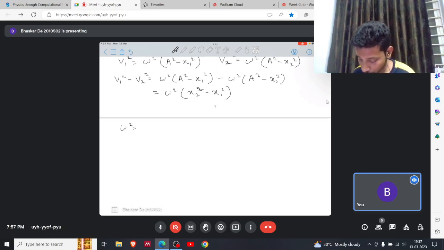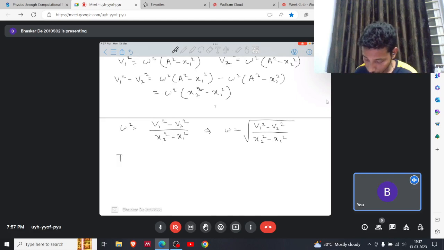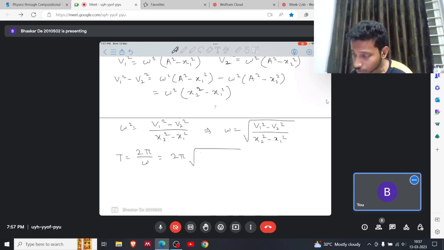So omega square equal to v1 square minus v2 square by x2 square minus x1 square. Omega equal to root over v1 square minus v2 square by x2 square minus x1 square, and T equal to 2 pi by omega, which gives 2 pi root over x2 square minus x1 square by v1 square minus v2 square.